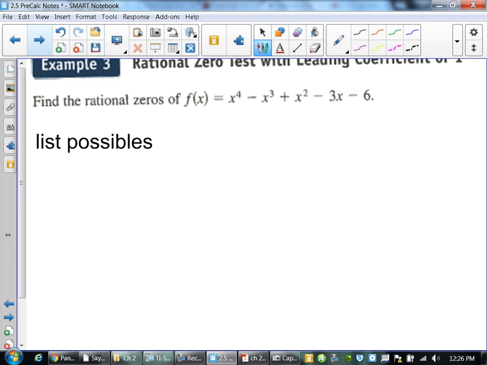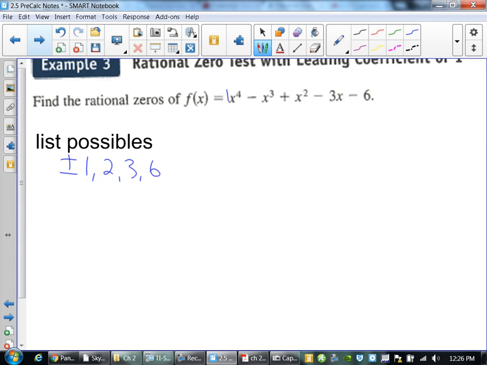In this case, the leading term coefficient is 1, so no matter what, I'm only dividing by 1, so I don't have to do anything there. Yay! I just list out all my possible factors of 6: plus or minus 1, 2, 3, and 6. Which means there are 8 possible things that I'd have to try.